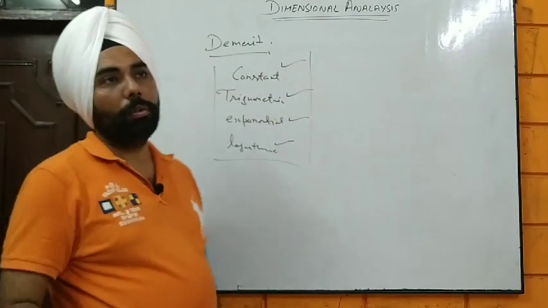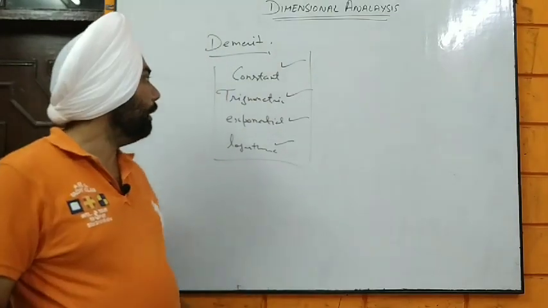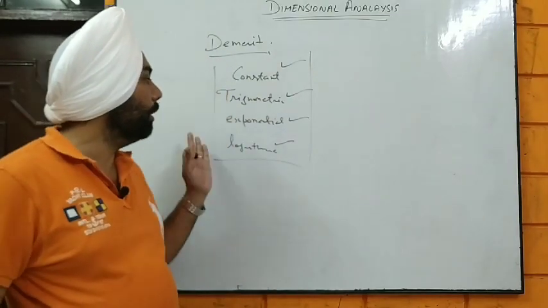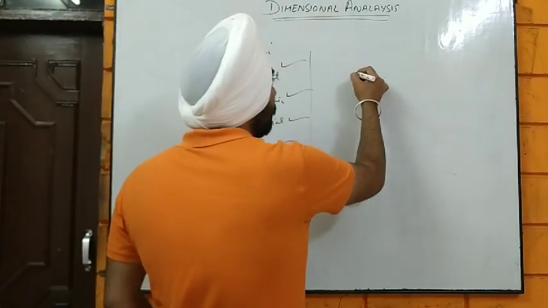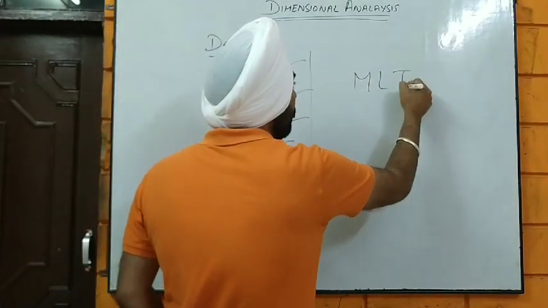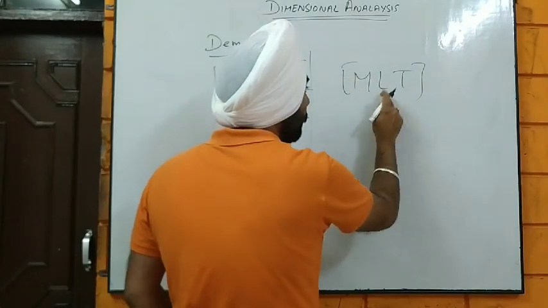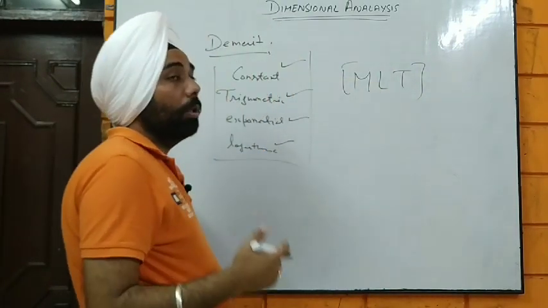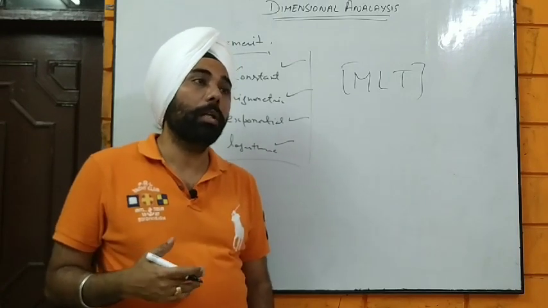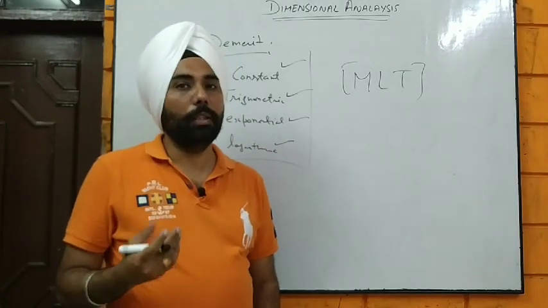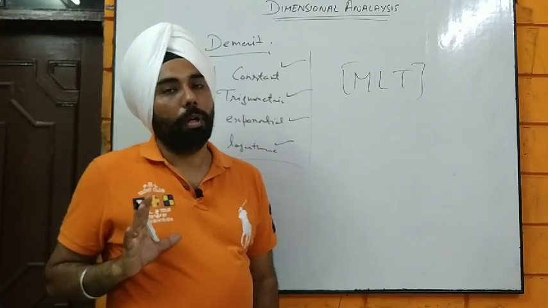We are not going to consider any constants, any trigonometric, exponential, logarithmic functions, and another is it's only going to consider MLT, mass, length and time. And what about other physical quantities? If a particular formula is having other physical quantities, then it's going to be a problem for us.